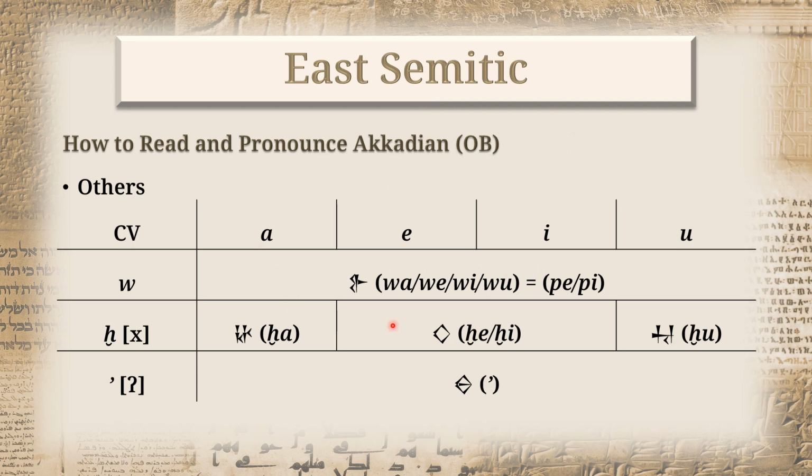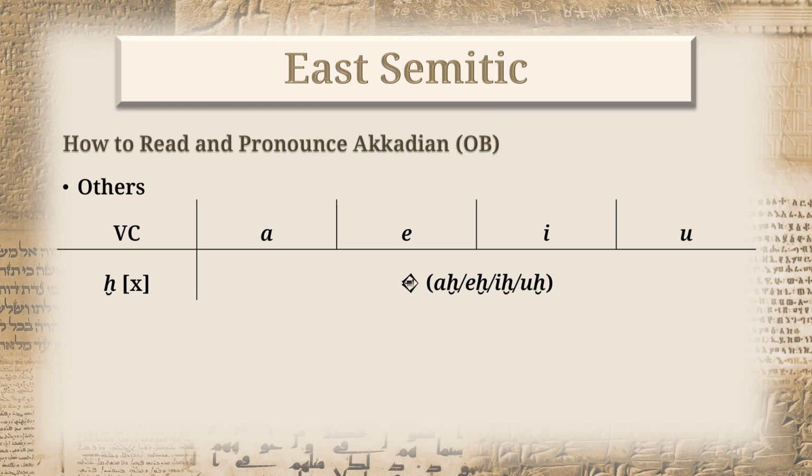So these are for open syllables, and this, you could say this is the only purely consonantal non-syllabic sign in this Akkadian syllabary. Closed syllables, ach, ech, ich, uch, all written with the same sign.